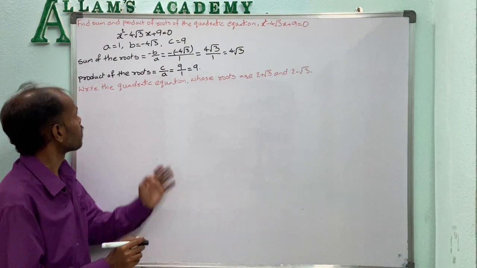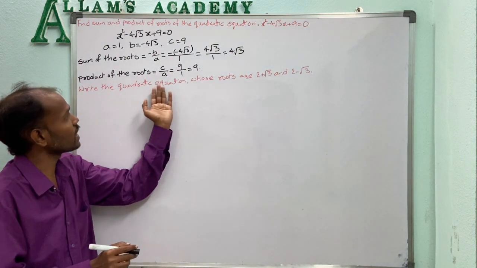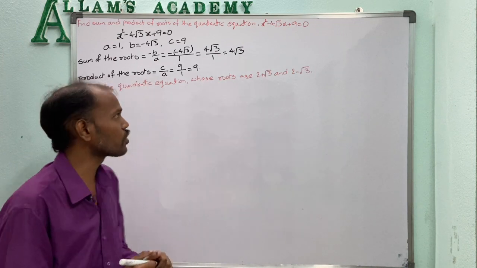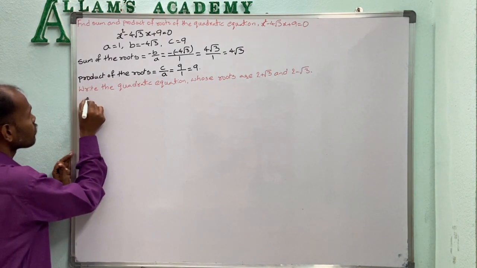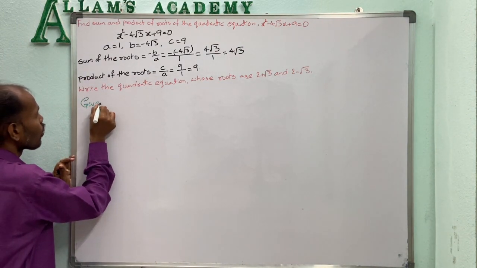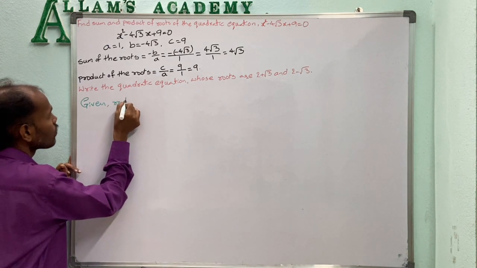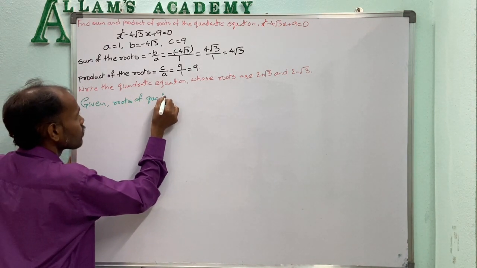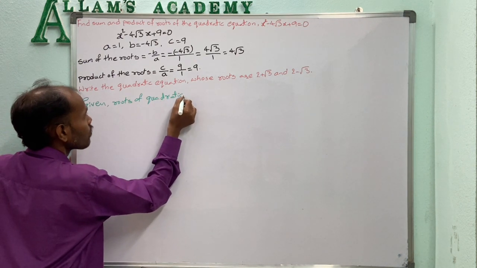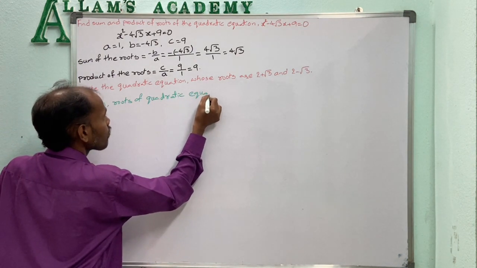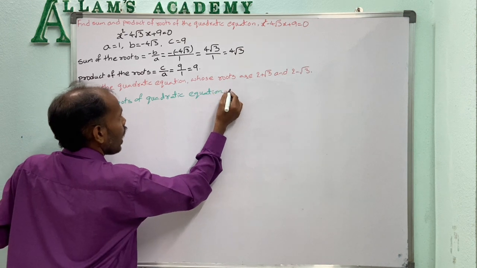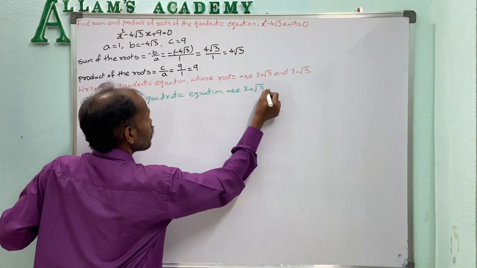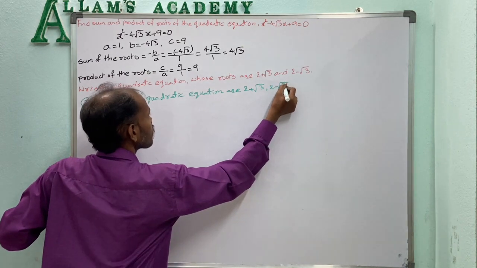Given the problem: write the quadratic equation whose roots are 2 plus root 3, 2 minus root 3. So the given roots of the quadratic equation are 2 plus root 3, 2 minus root 3.